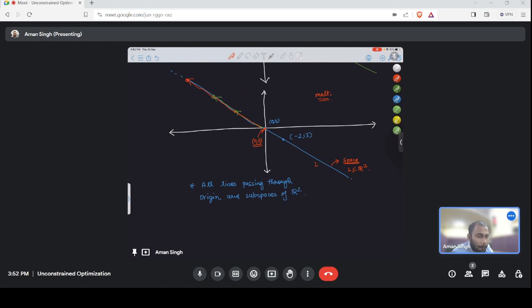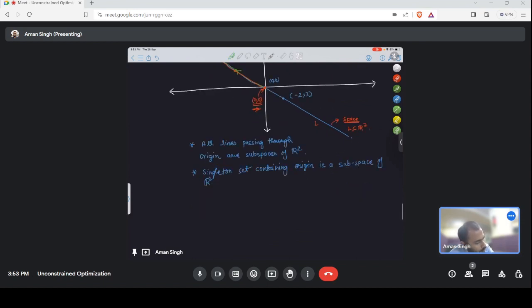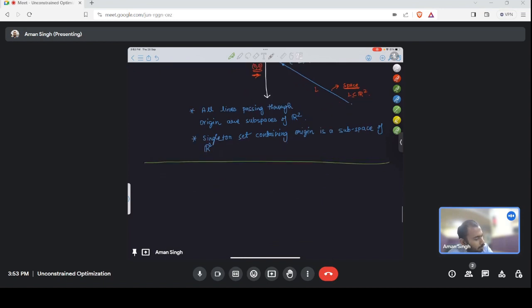It itself is the additive identity, so it follows all those properties, and that is also a subspace. So the singleton set containing the origin is a subspace of R square. So these are examples of subspaces.